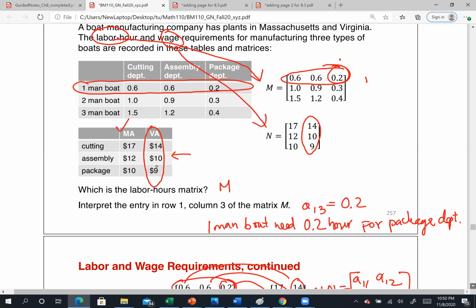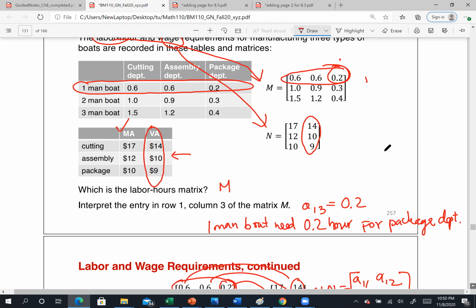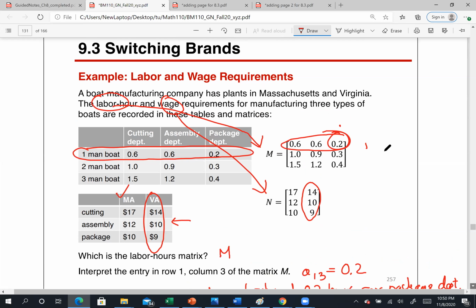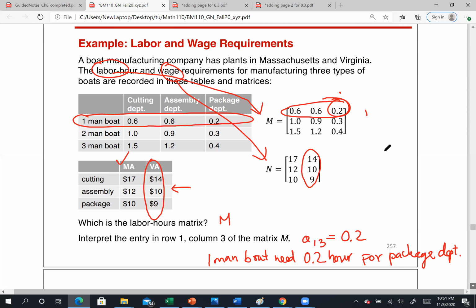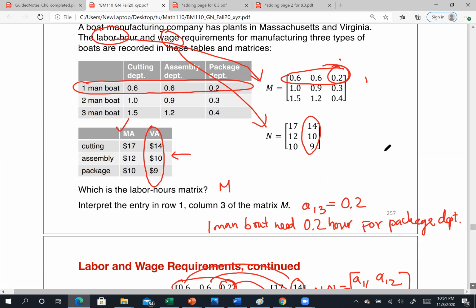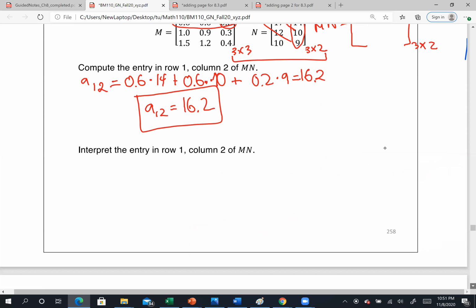So you're gonna say the total cost. Let me see. It's a total cost. The total cost for one man boat in Virginia. Okay. So total cost for one man boat.